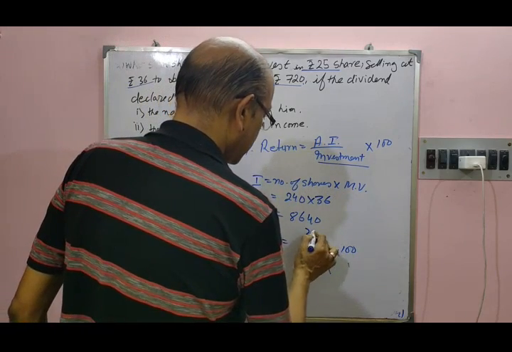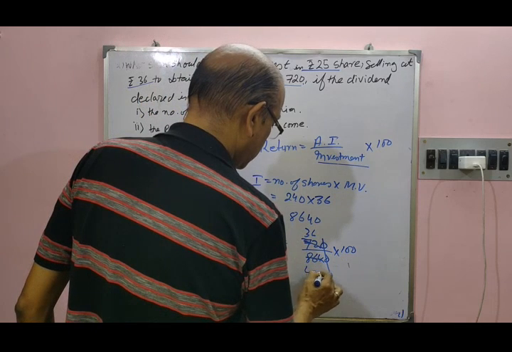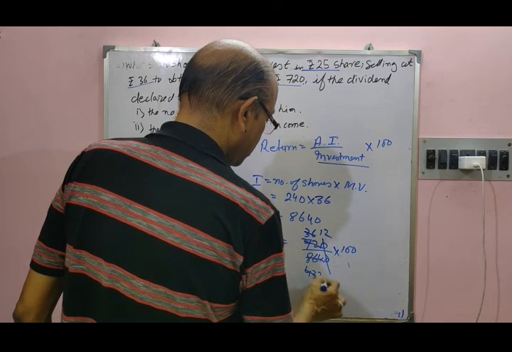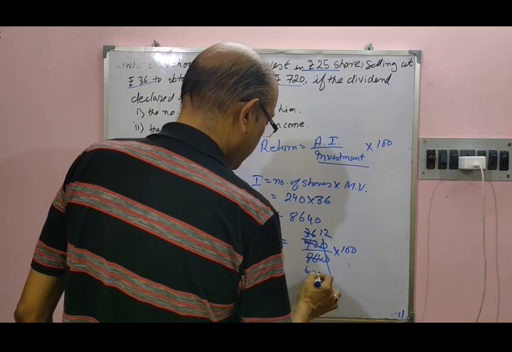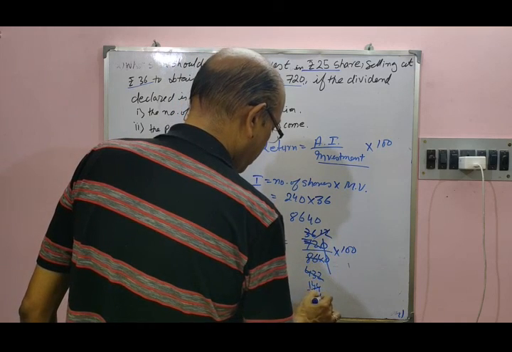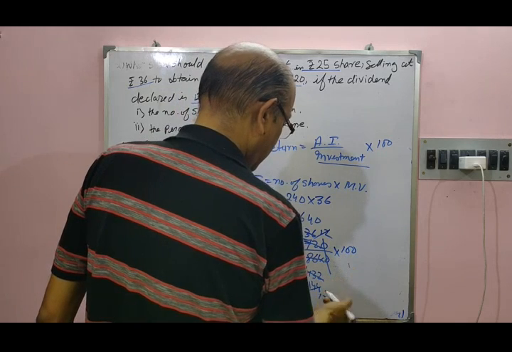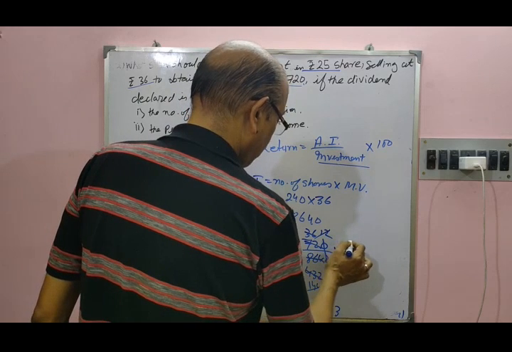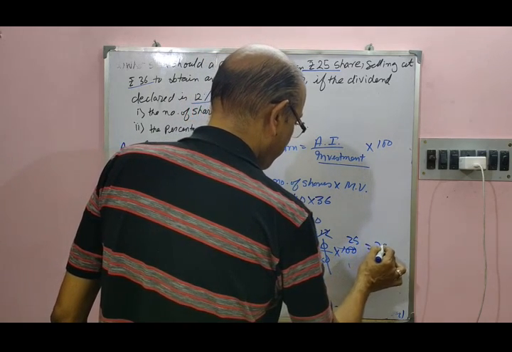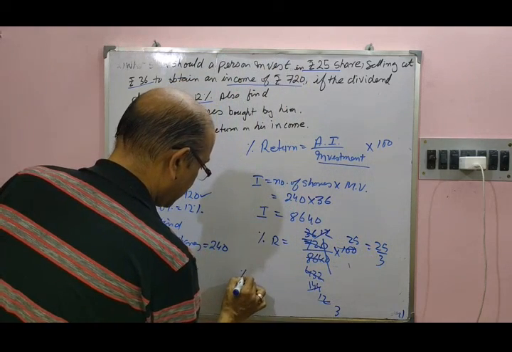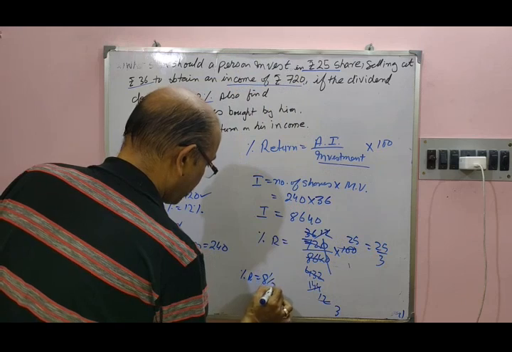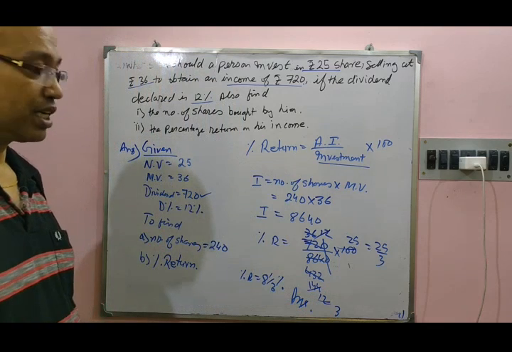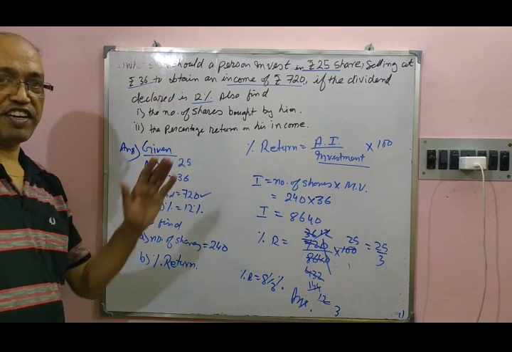Now solve this. 720 by 432, 3 12s, 144, then again 25 by 3. Therefore, percentage return is 8 1/3%. This is your answer. Is it clear?